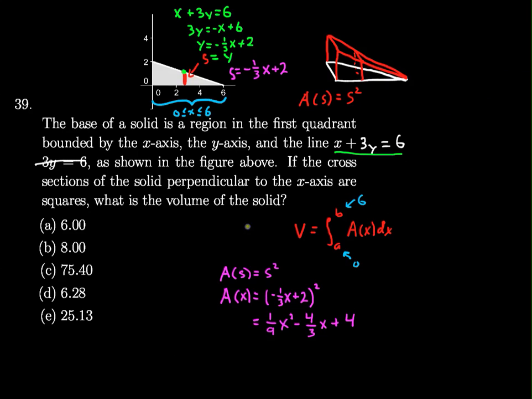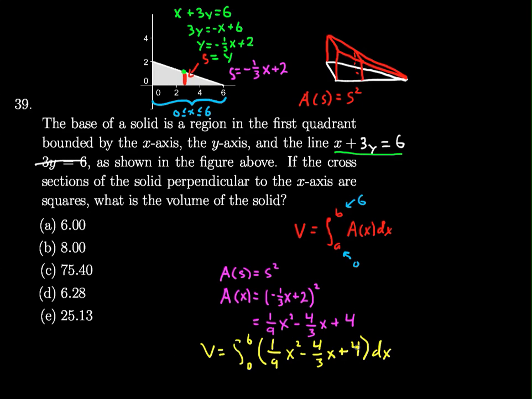My volume formula, finally: V equals the integral from 0 to 6 of 1/9 x squared minus 4/3 x plus 4 dx.